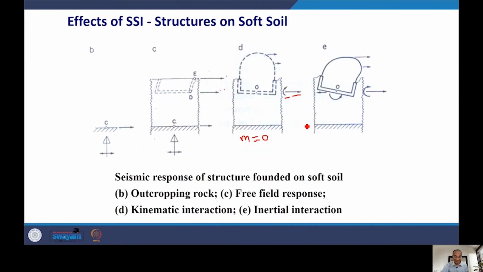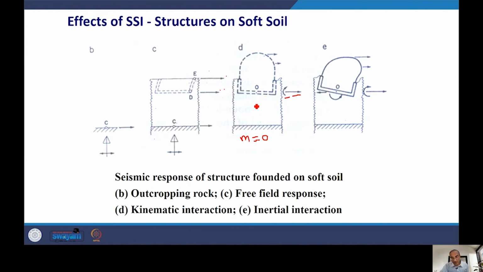So what is done here? In the case of kinematic interaction, your input was only a reciprocating component, but you got rocking also in the case of kinematic interaction. And again, the amplitude is input at point O, and this is the rocking component, so that is also coming here.